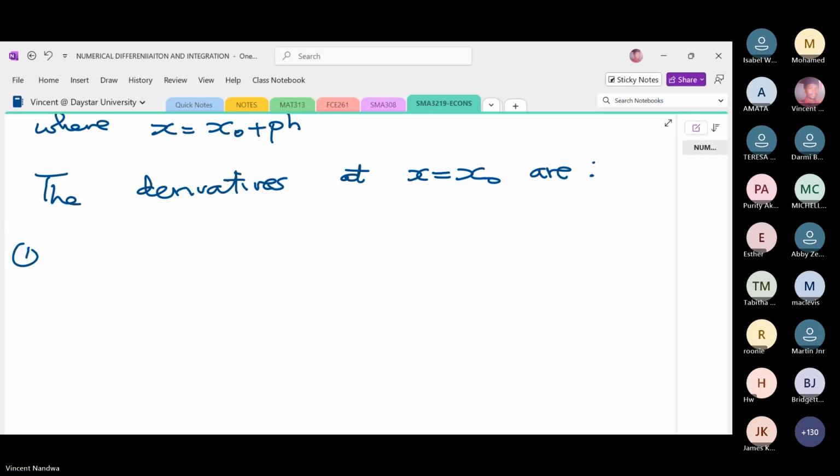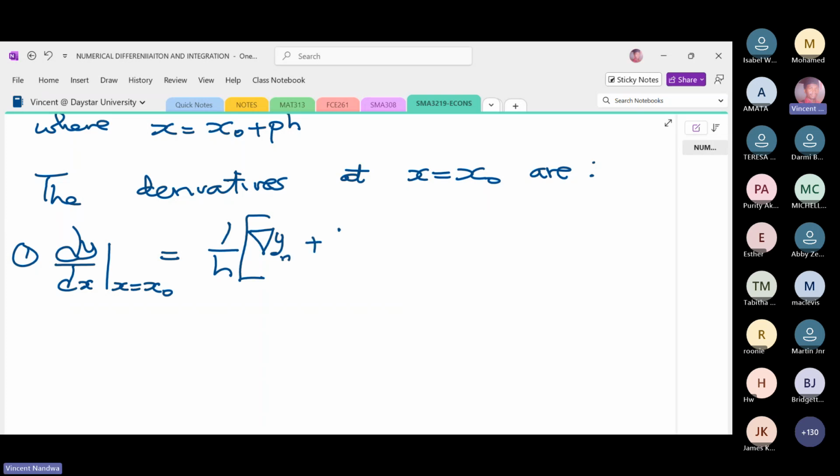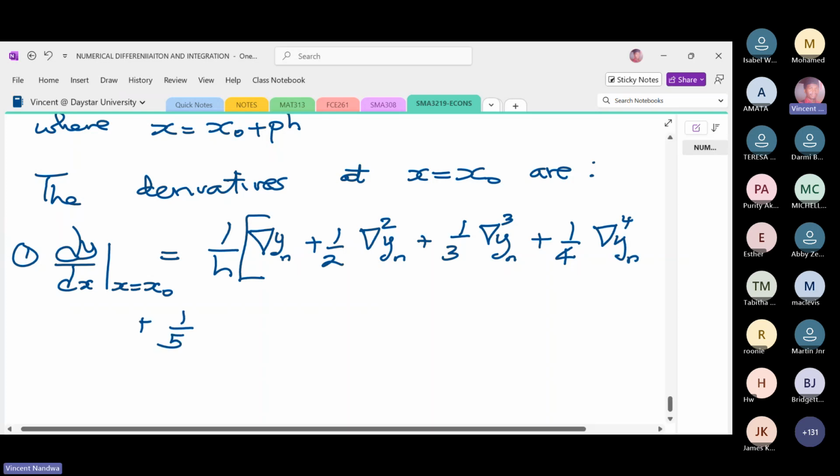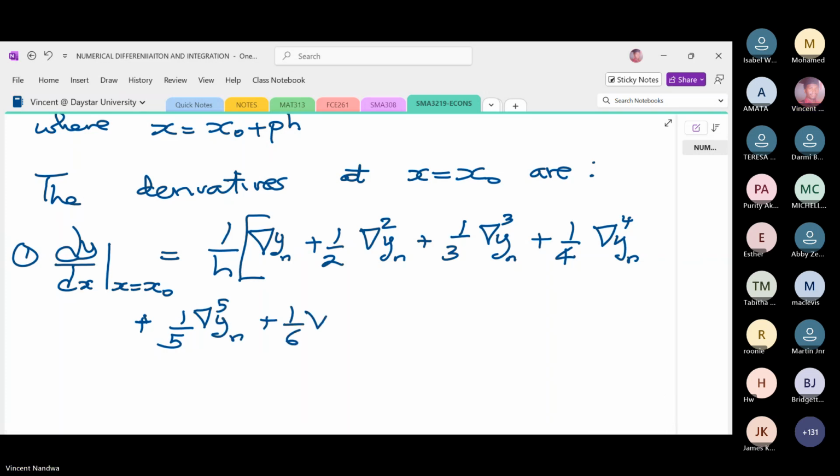So the first one, dy/dx at x equals x naught, is given by 1 over h into backward yn plus a half backward squared yn plus a third backward cubed yn plus a quarter backward power 4 yn plus 1 over 5 backward power 5 yn plus 1 over 6 backward power 6 yn.